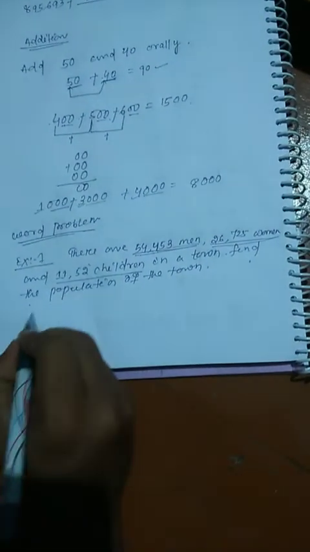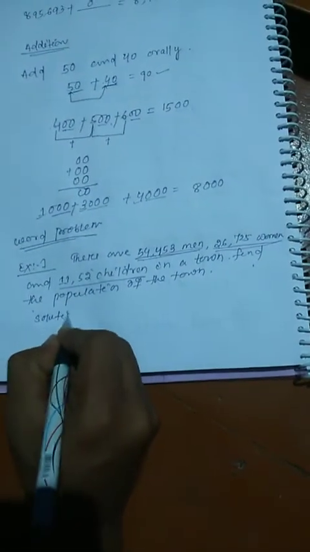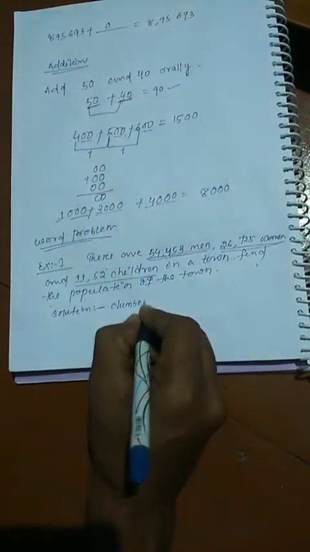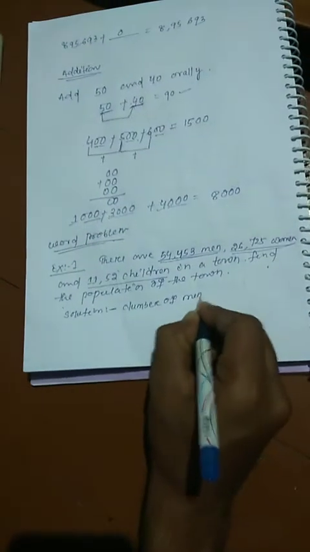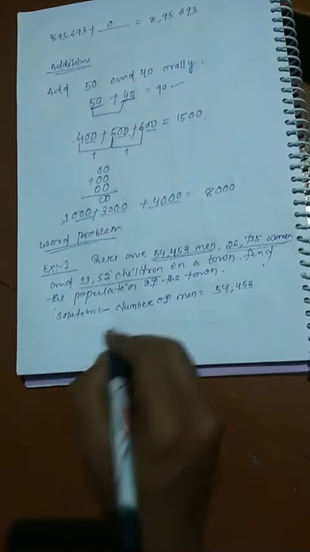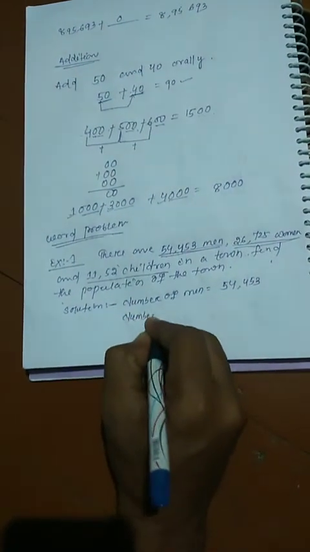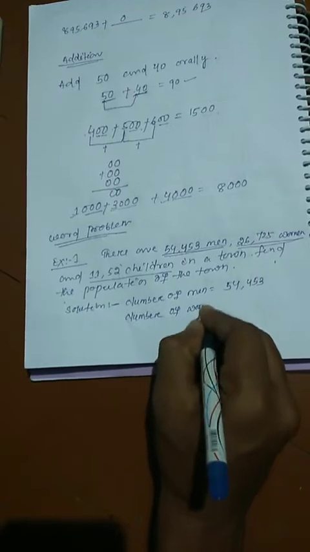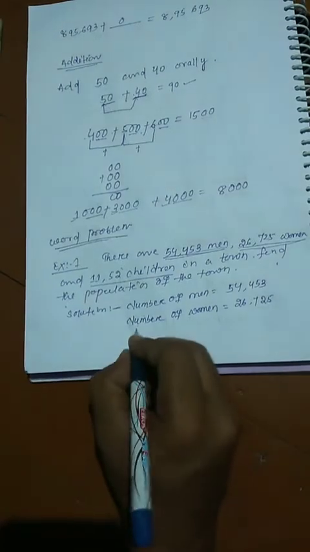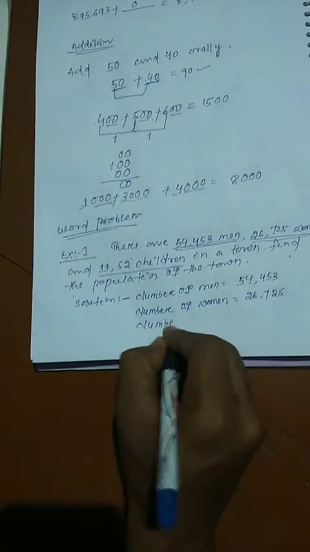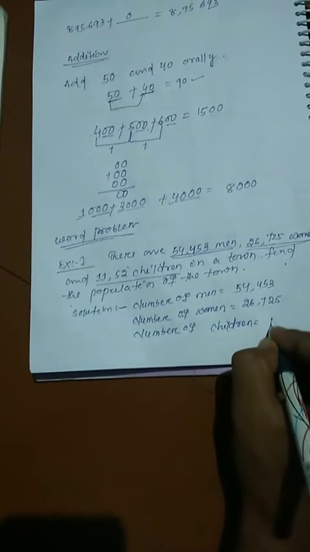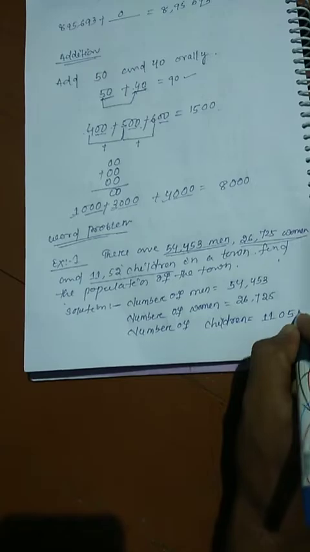So what will we write first? Solution. Let us write: the number of men is equal to 54,453. Number of women is 26,725. Number of children is equal to 11,052.